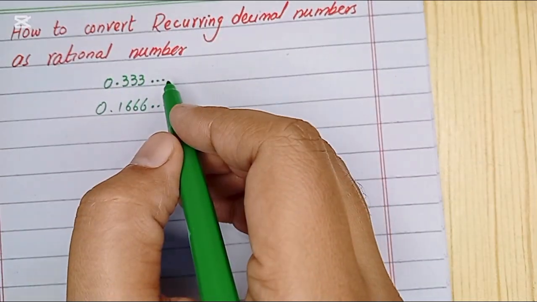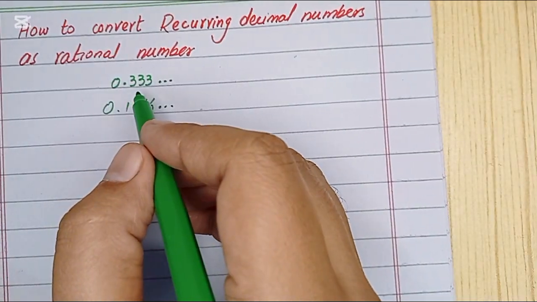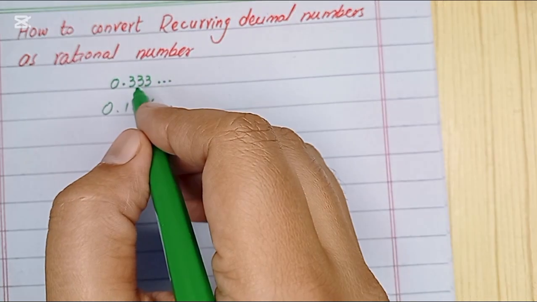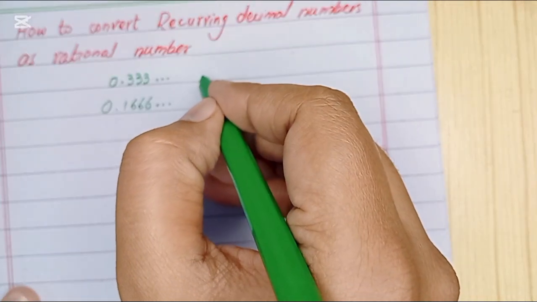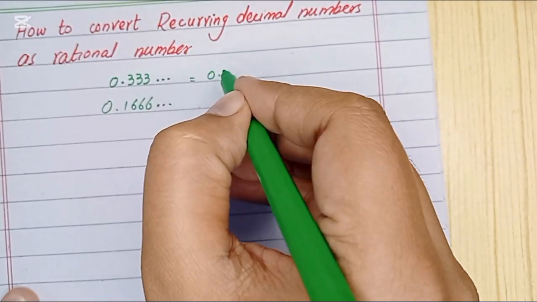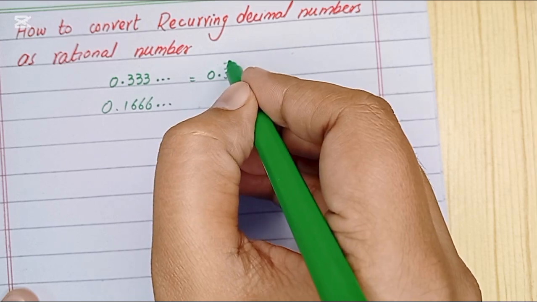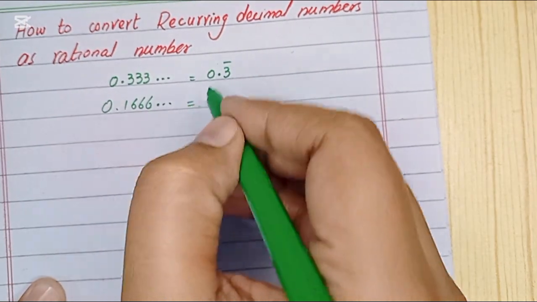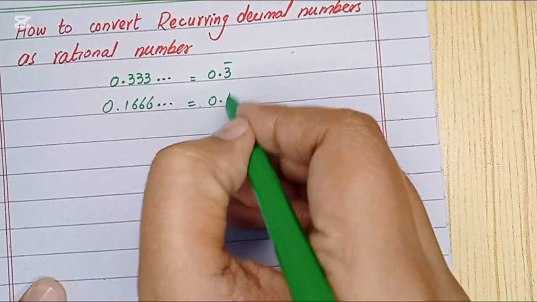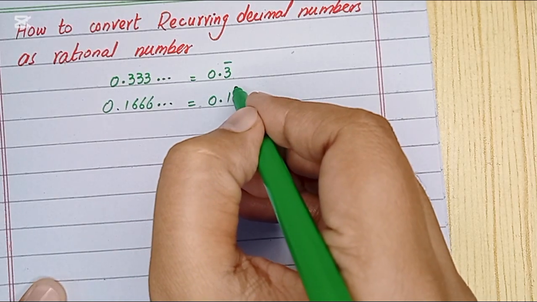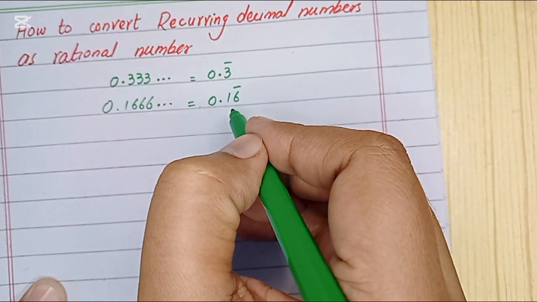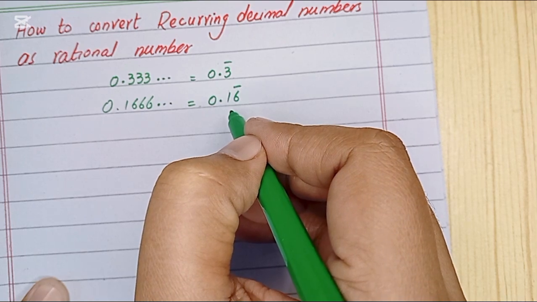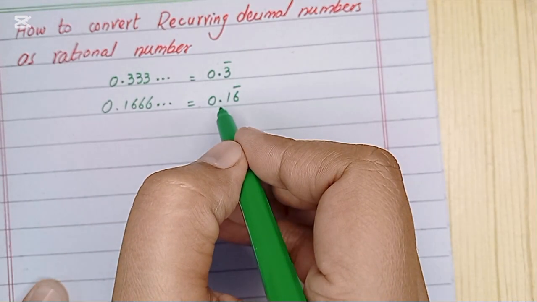Like here, 0.333 and so on. Here 3 is repeating, so we can write it as 0.3 with a bar. We will mention a bar on the number which is repeating. Here we can write it as 0.6 with a bar on the digit 6, which indicates that 6 is repeating, not 1.